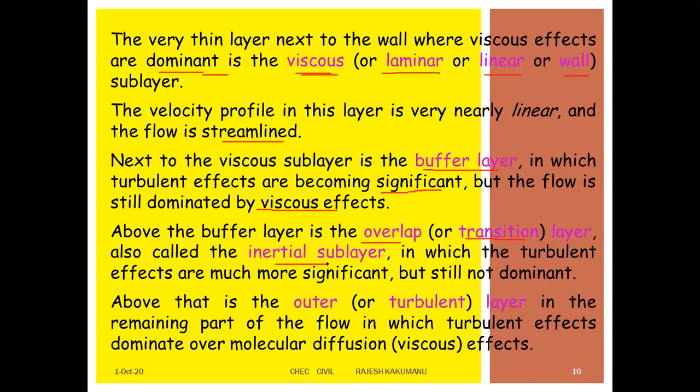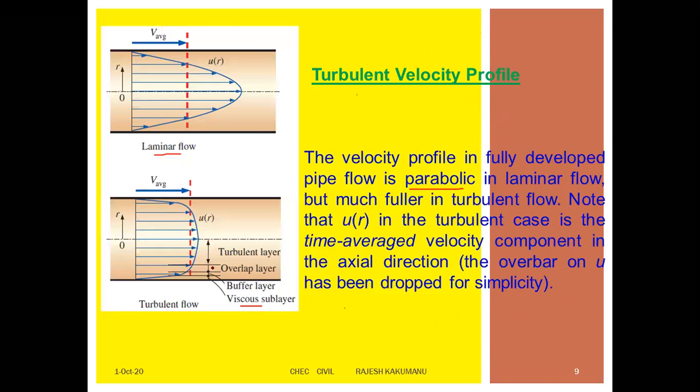So between laminar flow and turbulent flow there is another layer, that is nothing but the transition layer. Where the transition from laminar to turbulent flow takes place is the overlapping layer. Overlapping means where the laminar flow ends, the transition flow forms, and the turbulent flow starts, right? Where these two overlap, that type of layer we call the overlapping layer or inertial sublayer, in which the turbulence effects are much more significant. Okay, that is the overlap layer, this point, right?